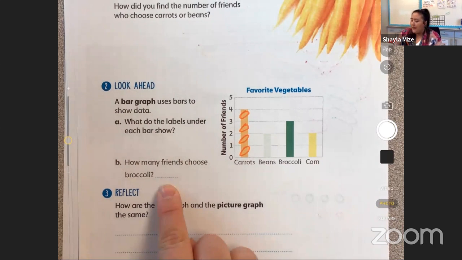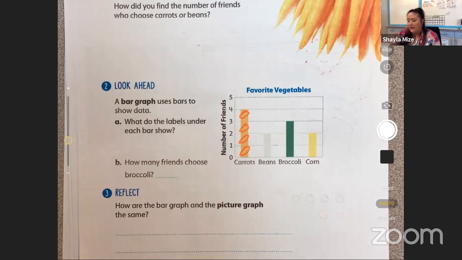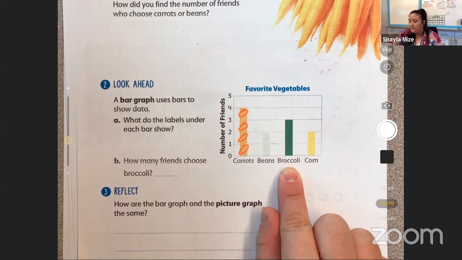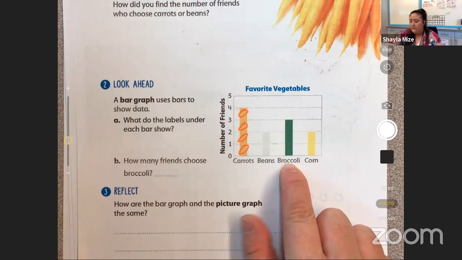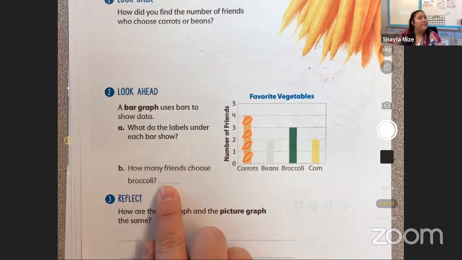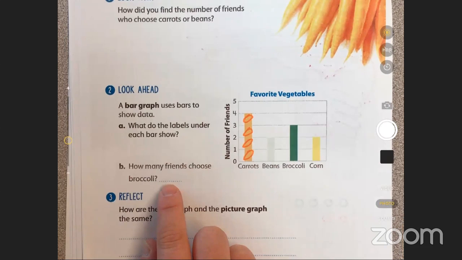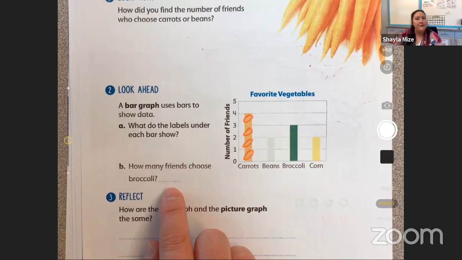Answer part B, how many friends chose broccoli? Go ahead and put it on the dotted line right there. And write it right here. Which page is it? This is on page 78. It's just on the back page. How many friends chose broccoli?